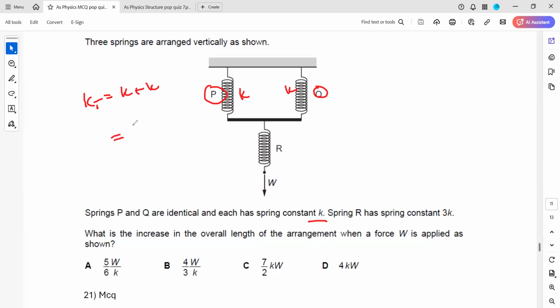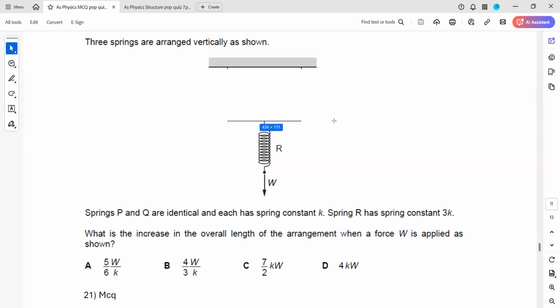K plus K, so the combined will be 2K. When they're connected in parallel, we simply add. So now P and Q are replaced by one spring, which will have a spring constant of 2K. Is it clear?